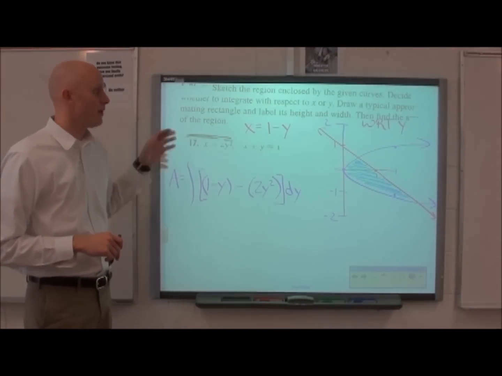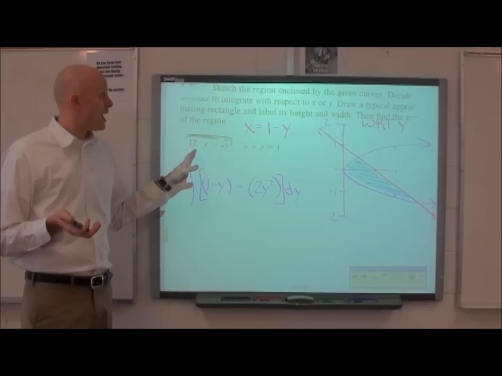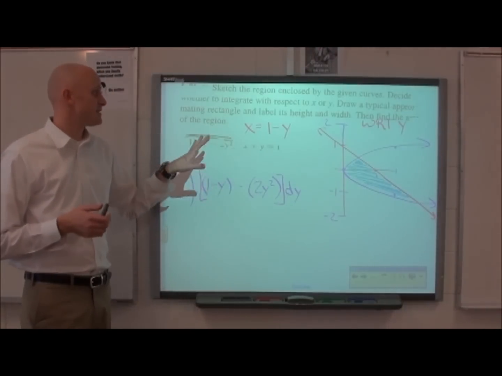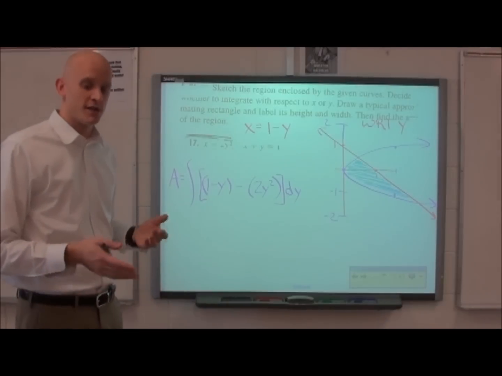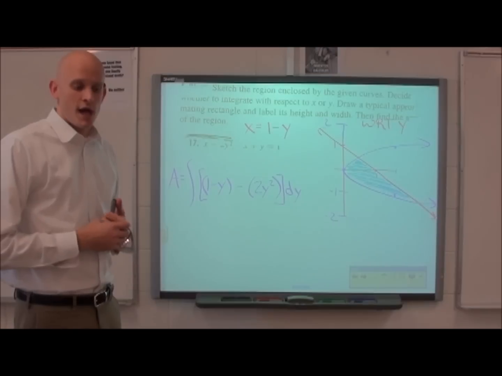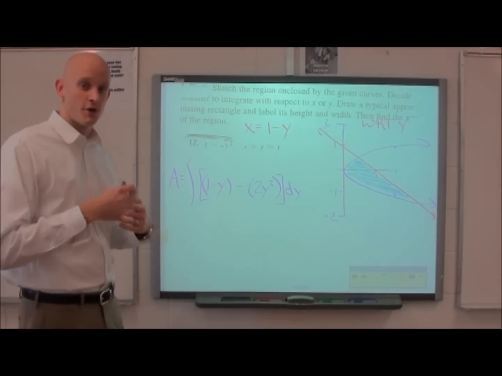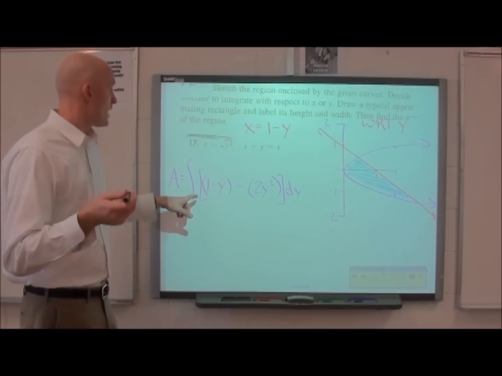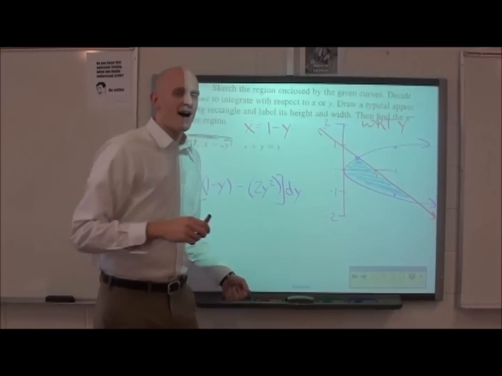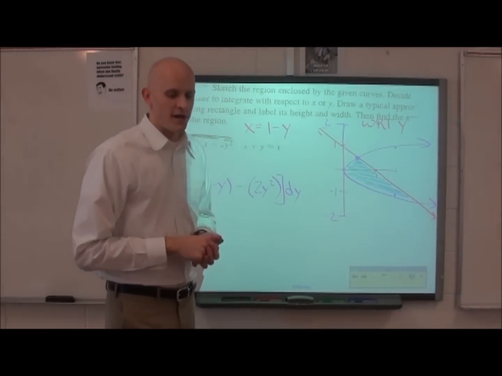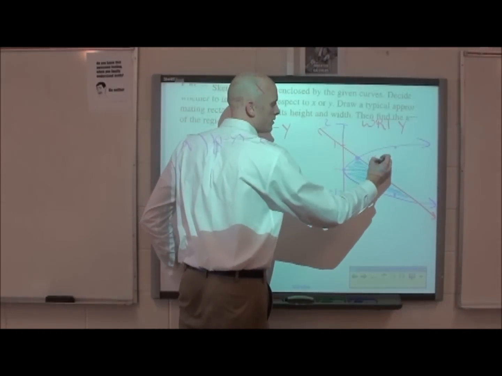We need an upper and a lower limit. A couple of ways that we can do that. I would say the easiest way is to set these equal algebraically and then solve. If it's calculator active, once again, you can type them in the calculator and go ahead and use your variables for your upper and lower limits of integration. If we find these ordered pairs, you can find them very easily, like I said, by setting them equal, and you'll find that that point is 1/2, 1/2.